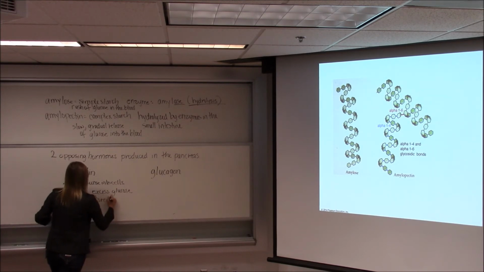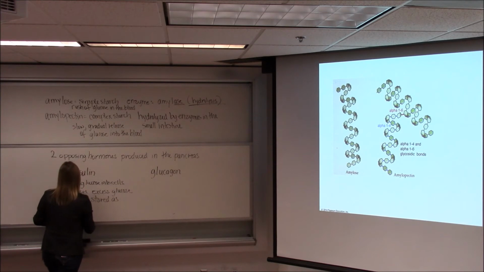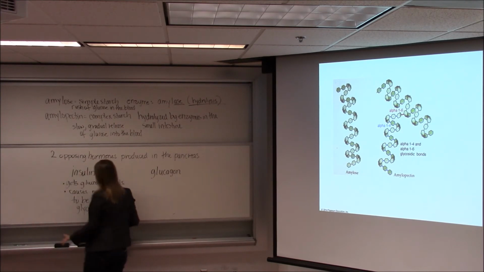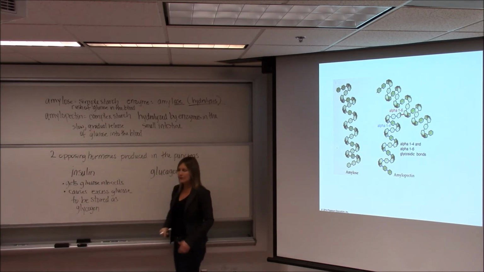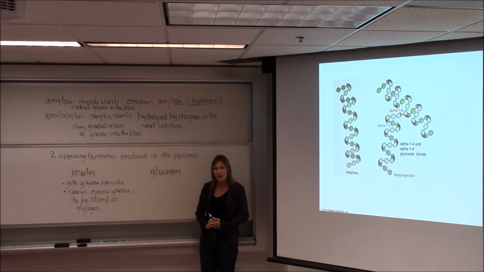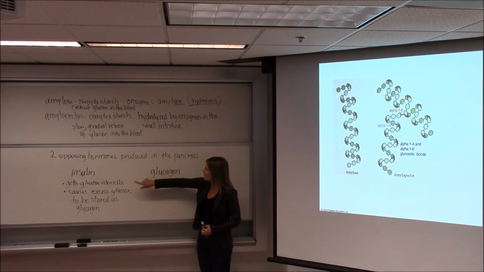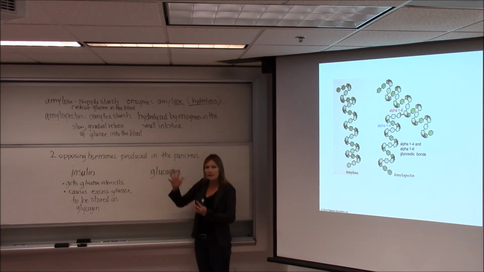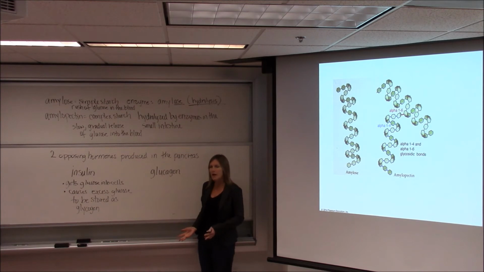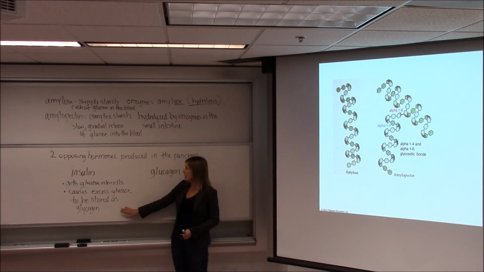Remember, glycogen is the storage form of carbohydrates for animals, primarily in the liver, a little bit in the skeletal muscle. So insulin is going to cause both of those very important things to happen. It gets glucose into the cell, and anything that's left after a certain amount of time is going to be stored in the liver.